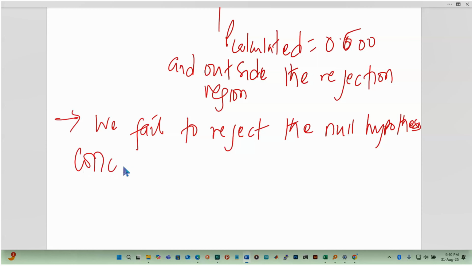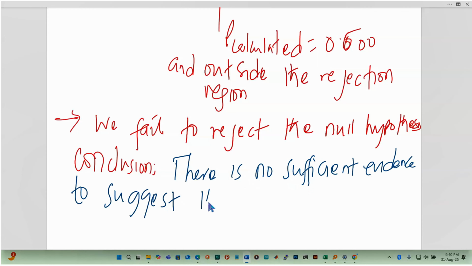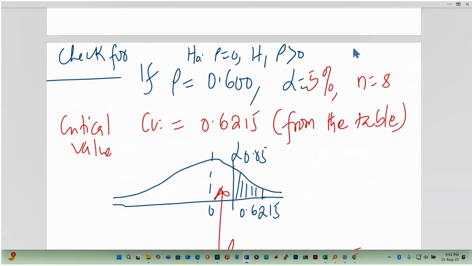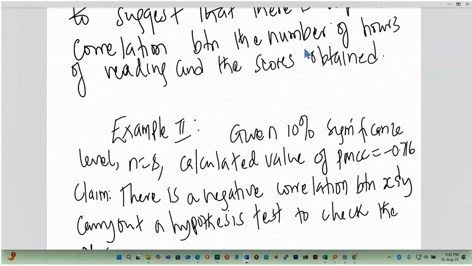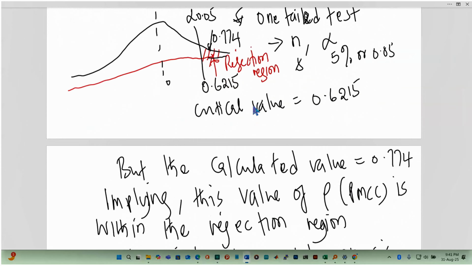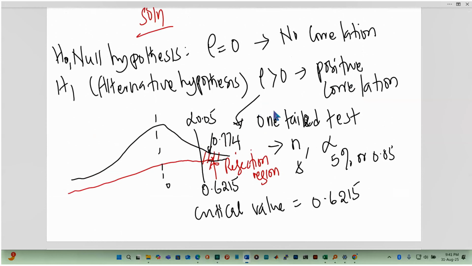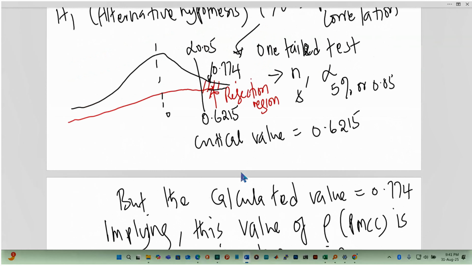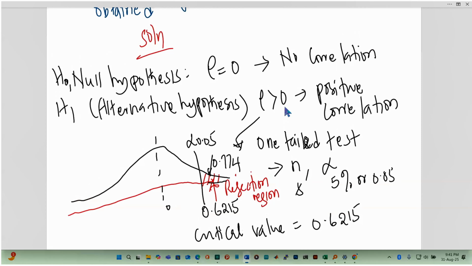The conclusion that we are supposed to give shall say there is no sufficient evidence to suggest that there is correlation between x and y values. That is if we consider the x and y values here. So we have looked at three cases. There could be more, but majorly we have looked at a positive correlation and a negative correlation, where we reject the null hypothesis that says there is no correlation.